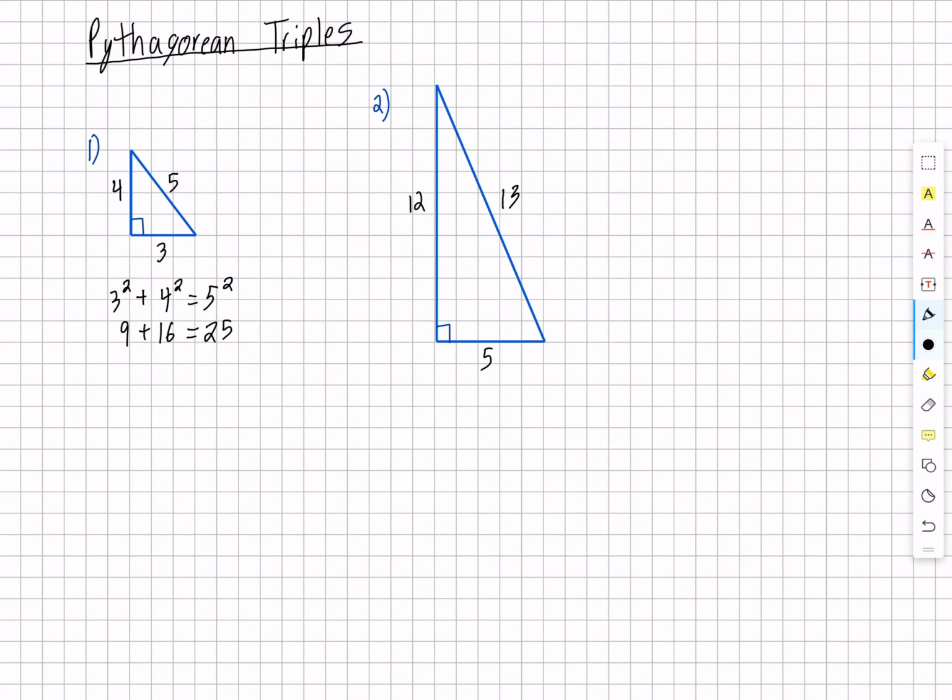And then 9 plus 16 is 25, so 25 equals 25. So this works with the Pythagorean theorem. So this is what we call a Pythagorean triple, because these three side lengths, 3, 4, and 5, work with the Pythagorean theorem. So again, that's what we call a Pythagorean triple.